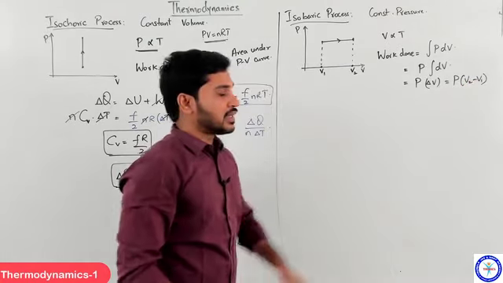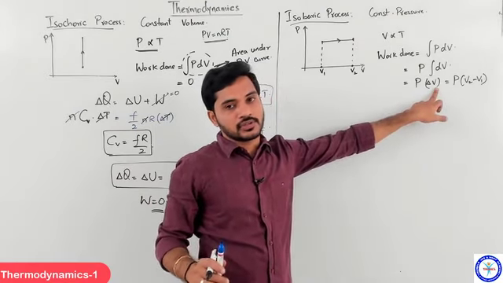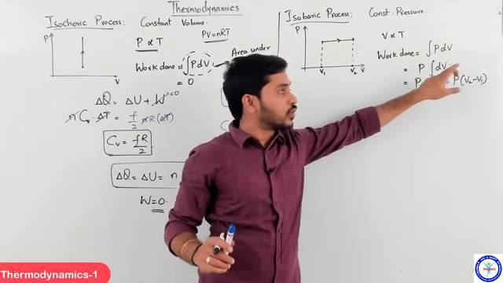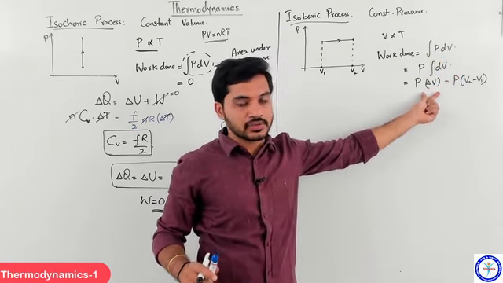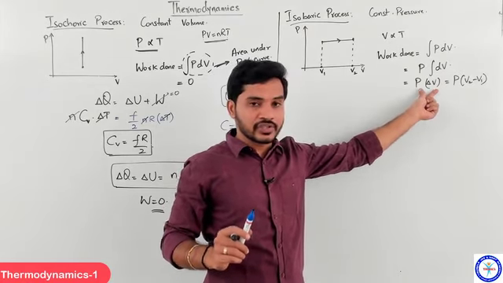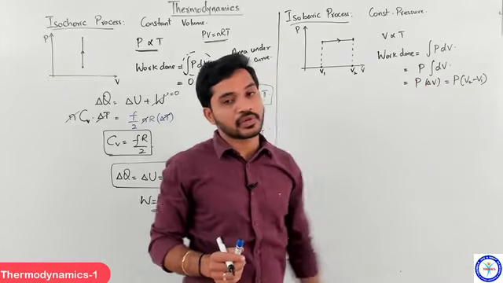So work done can be written as P delta V only for an isobaric process. For every other process, it should be integral PdV. Clear? Only because I brought this P outside the integral am I able to write this expression. I hope this is clear. So don't blindly write P delta V as work done for every other process. It is applicable only for a constant pressure process.